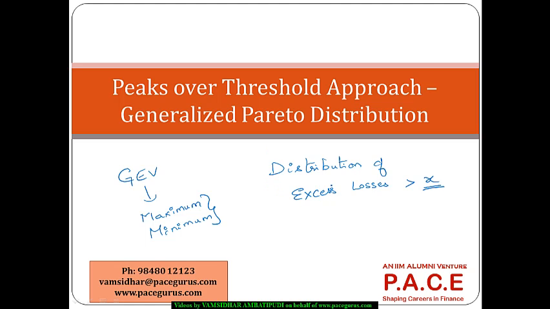Whereas with a similar kind of concept, instead of looking at just the maximum or the minimum, I want to see the distribution of the losses which are greater than some threshold value X. Now this is where we use this peaks over threshold approach, and this approach will lead us to what is called a generalized Pareto distribution.